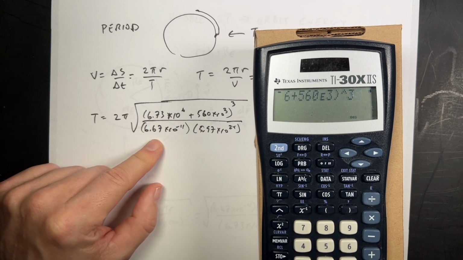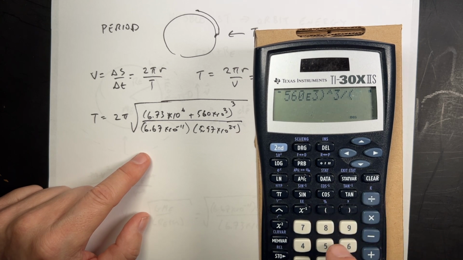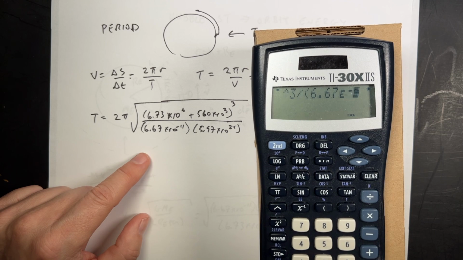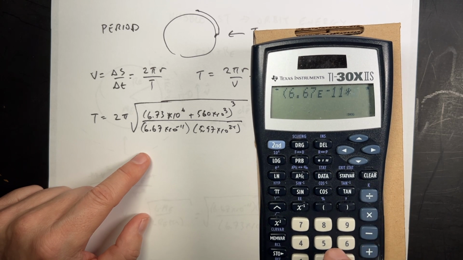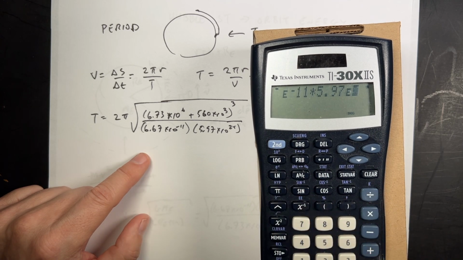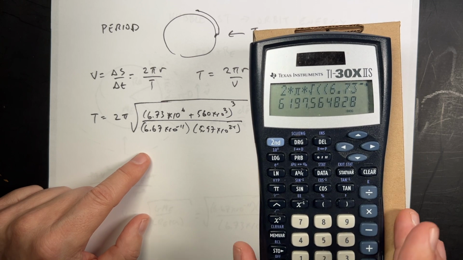I don't think I need parentheses around that whole thing, so I'm just going to say divided by parentheses 6.67 scientific notation negative 11 times 5.97 scientific notation 24, close parentheses, equal.